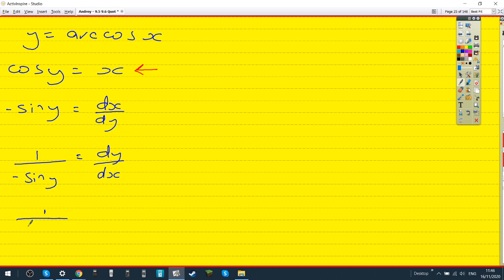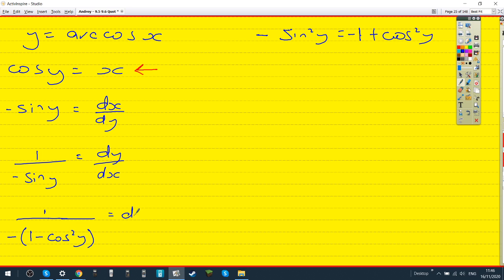Let's see, I'm just not sure. Sine squared y is 1 minus cos squared y, and so minus sine squared y would be minus 1 plus cos squared y. How do we get just sine y? If it's negative, we could just put the negative on the outside, minus the square root of 1 minus cos squared y.